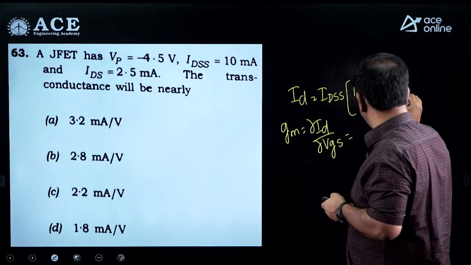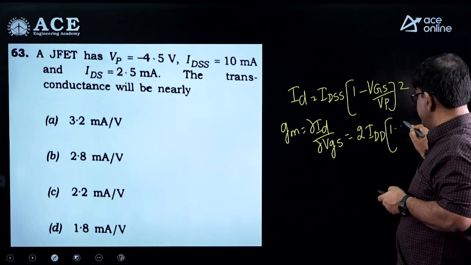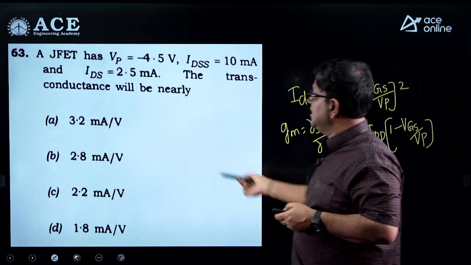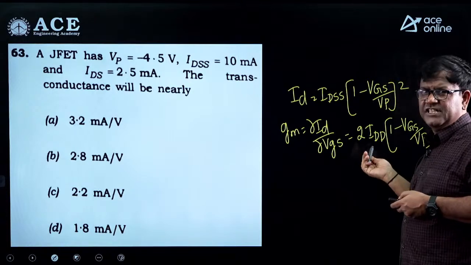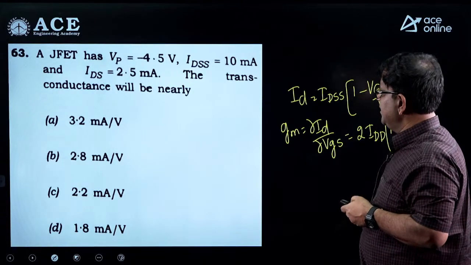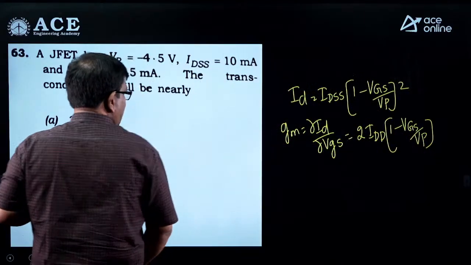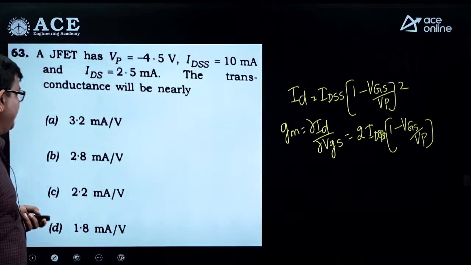If you differentiate, you will get 2 IDSS by Vp into 1 minus VGS by Vp. So this is the transconductance. Vp is given, IDSS is given. You can just substitute. This is a simple substitution problem. It's a very, very simple problem.